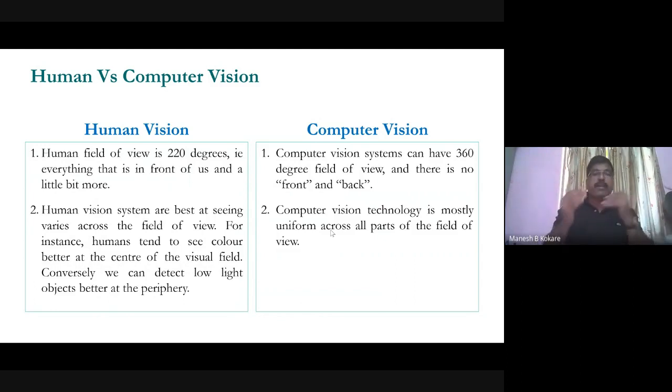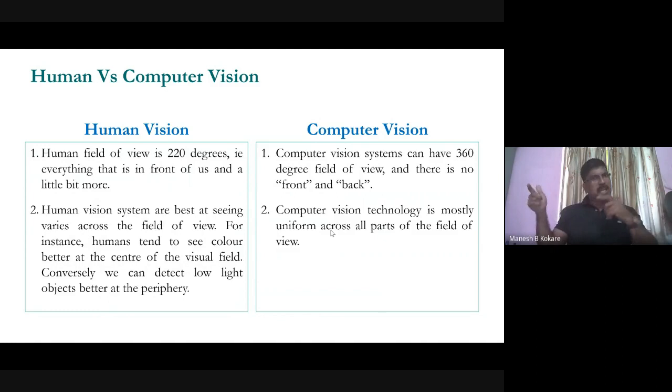What we can conclude from this second difference is that, as human beings, we can see more accurate color in the central part of our vision, and we can detect peripheral low-light objects at the periphery.